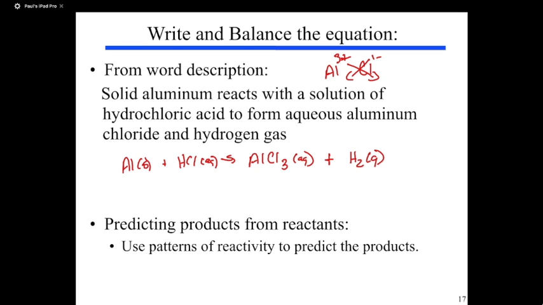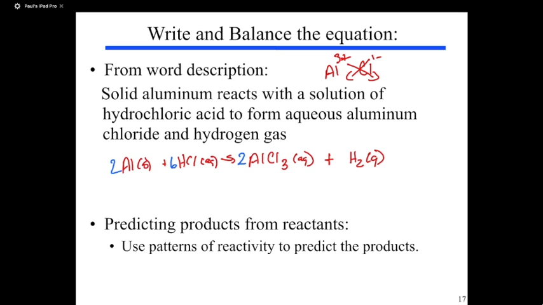Well, now I go back and I put 2. That has consequences. I now have 2 aluminums on this side, right? How do I make this 2? Put a 2. Okay. Now, I have how many chlorines? I have 6 total. How do I make this 6? Put a 6.